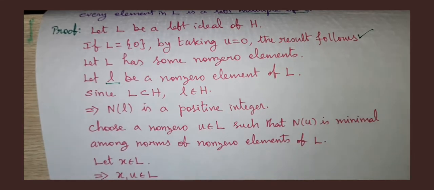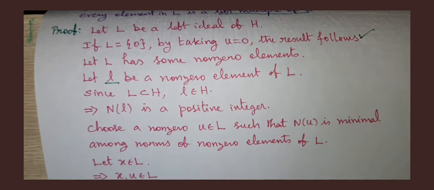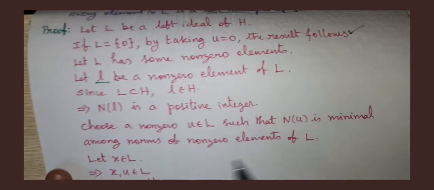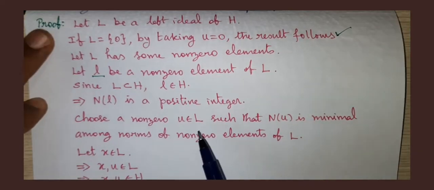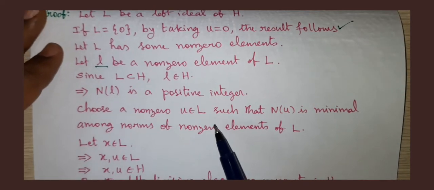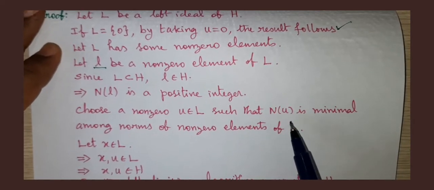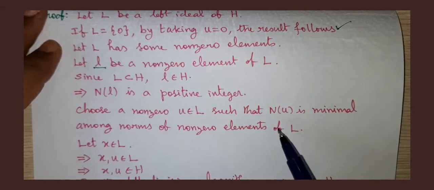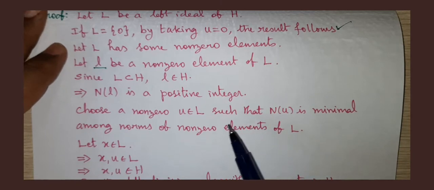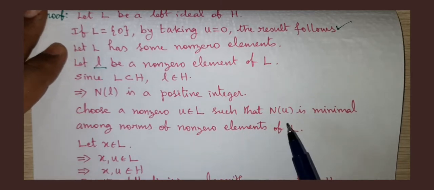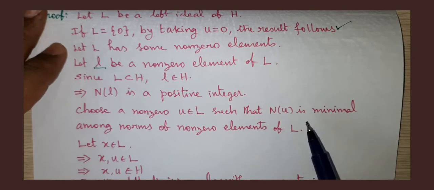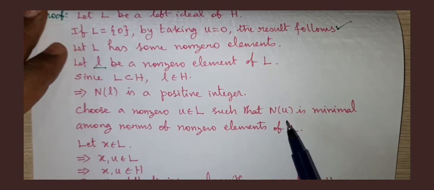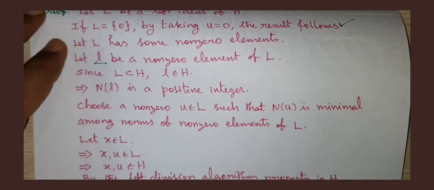Among all those positive integers, we take the minimum. So that helps us to choose a non-zero element U belongs to L such that n of U is minimal among norms of non-zero elements of L. What we are trying to say is, suppose V is a non-zero element of L, then n of U is less than or equal to n of V. That is the meaning of that.